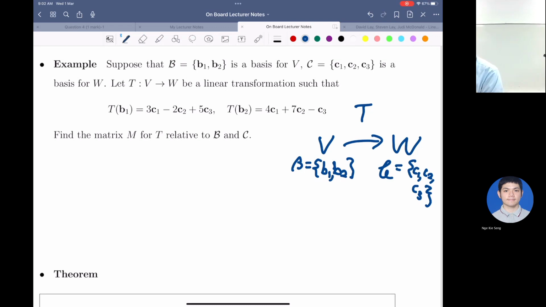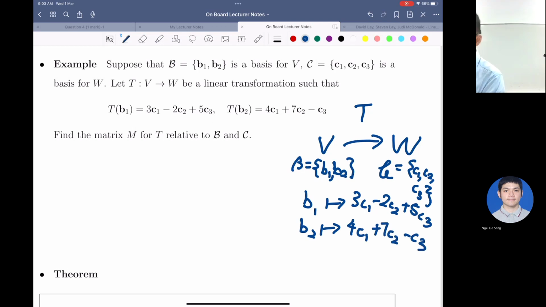Turn the question into something that makes sense to you. Then we have a map sending B1 to 3C1 minus 2C2 plus 5C3, B2 to 4C1 plus 7C. Then the question is to find a matrix M for T relative to B and C.